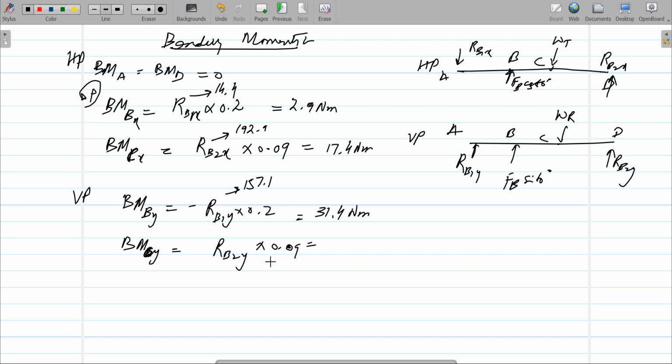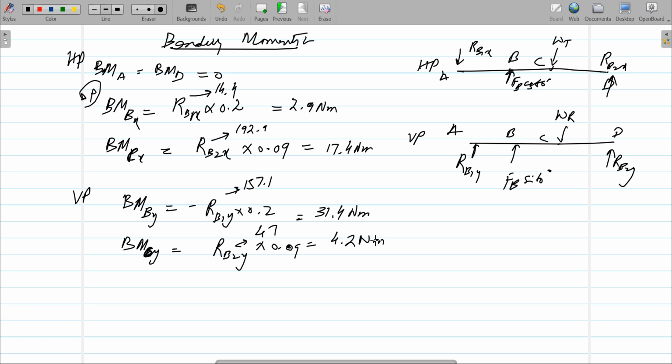And last but not least, RB2Y is 47, so 47 into 0.09 is 4.2 Newton meter.